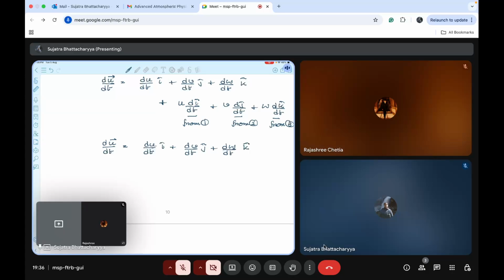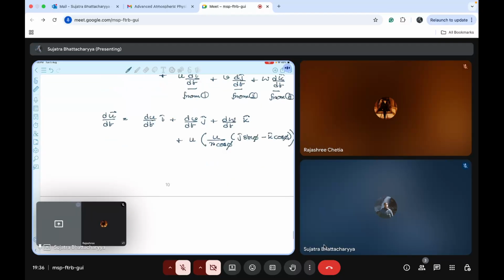All right. Along with that, you can write u. Now, what is di hat dt? We have already calculated, which is u by r cos phi into j hat sin phi minus k hat cos phi. All right. This is the first term. And what is its direction? Its direction was in the i hat, right?